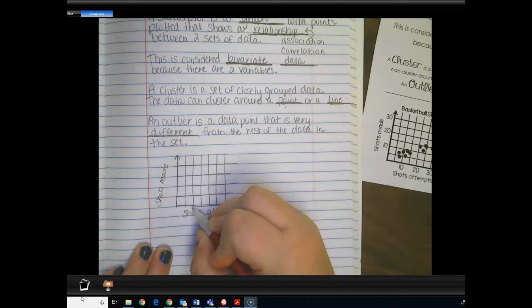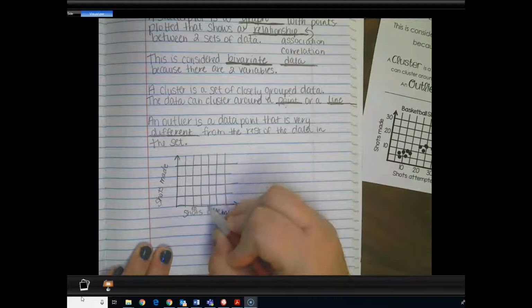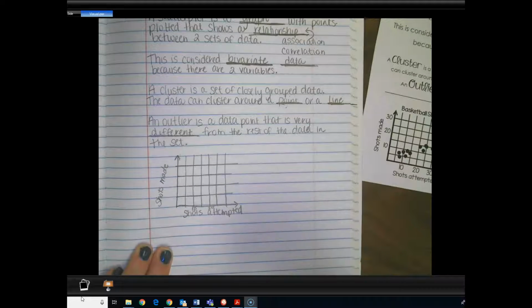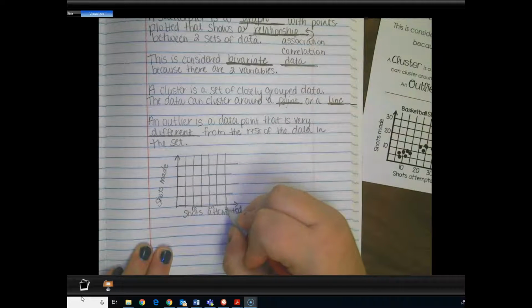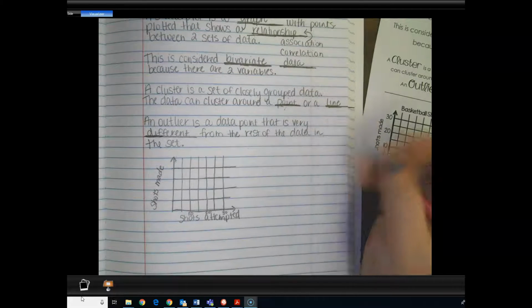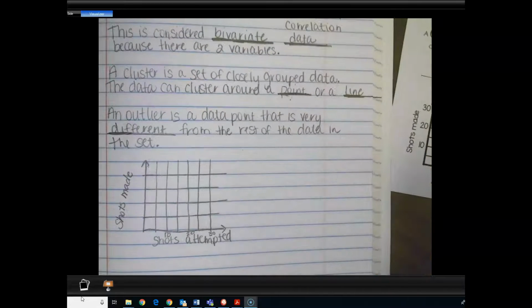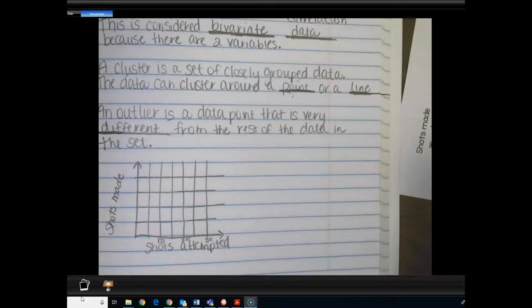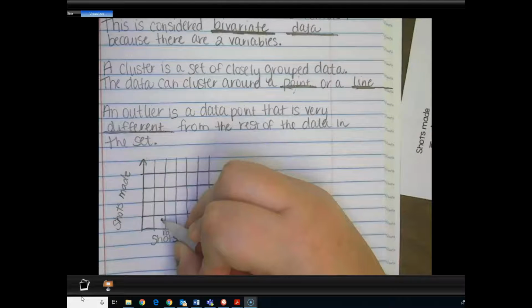Every other line I'm going to do 10 on this line, and then I'm going to skip a line, I'm going to do 20 on this line. And then skip a line, I'm going to do 30 on this line. Give you a minute to get that. I can zoom in on it to help you out a little bit. And right here around the 10, I'm going to put some dots.